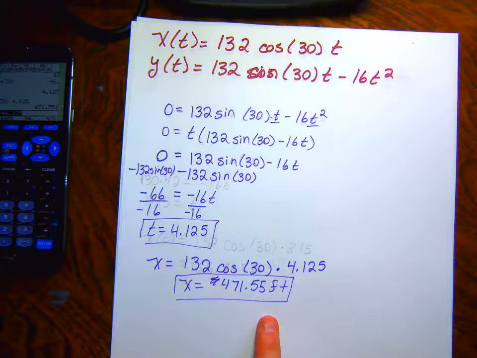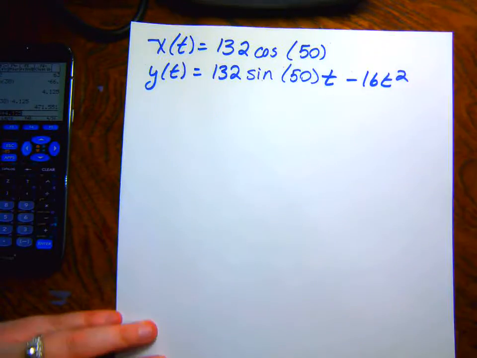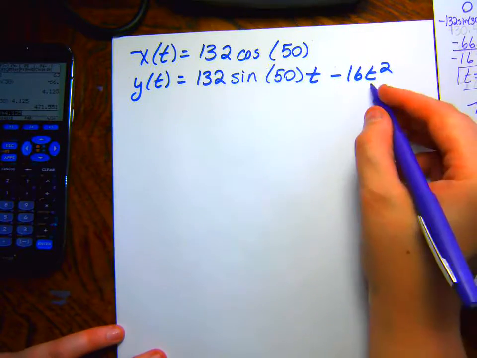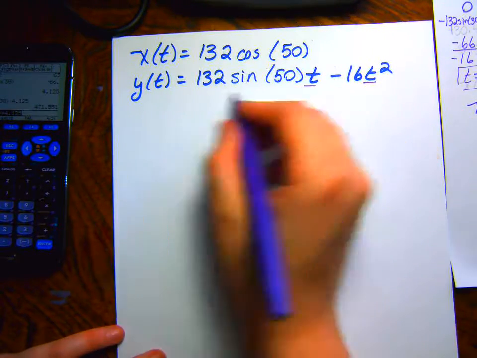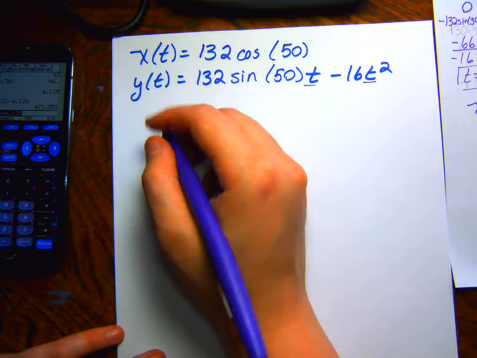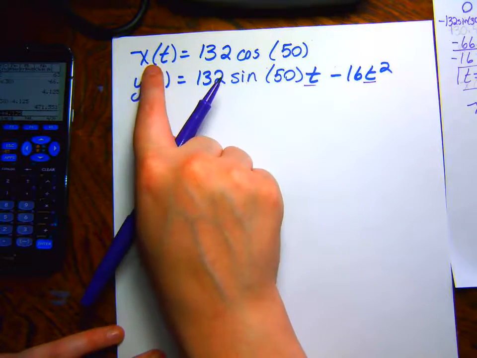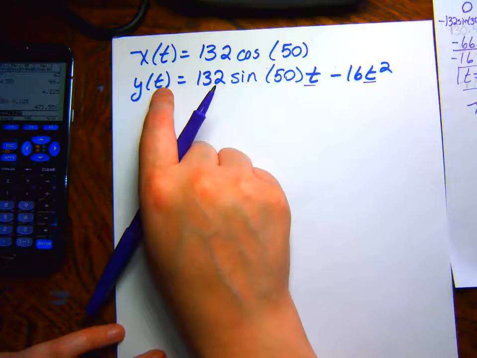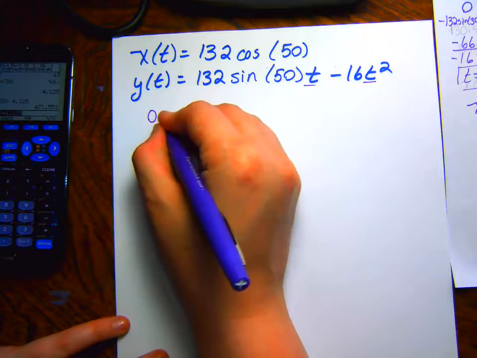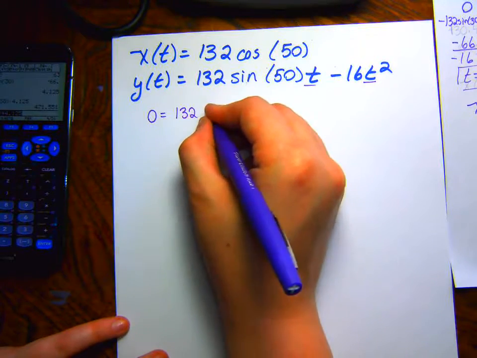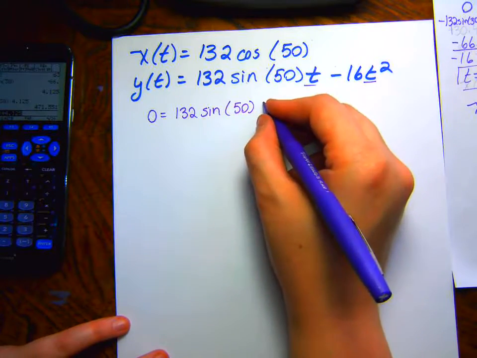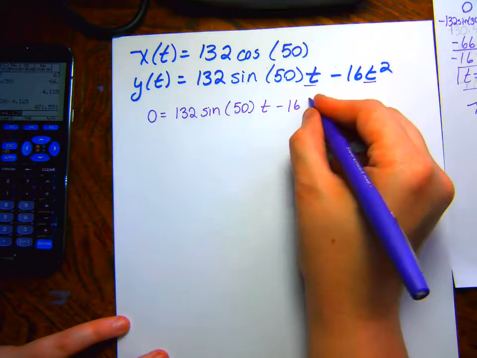Right, so now that we have this one, let's go ahead and solve the other one. So remember, same thing here. I want to find what my t value is when my y component is 0. Okay? So my y component equals 0 when my curve crosses the x-axis. So we'll set that equals 0, equals 132 sine of 50 times t minus 16t squared.